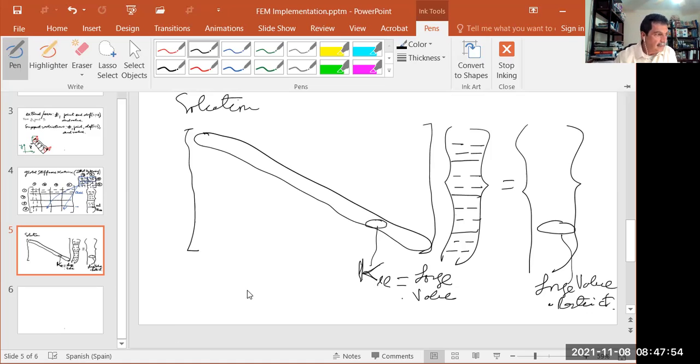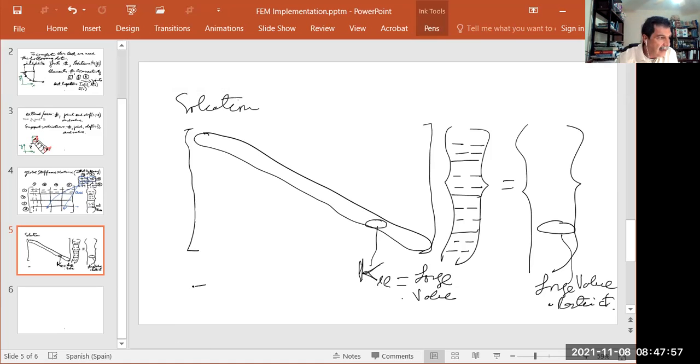Then you multiply K, this is big K, times D. That's the second step. This is the first step. And then you find the external forces that you need.